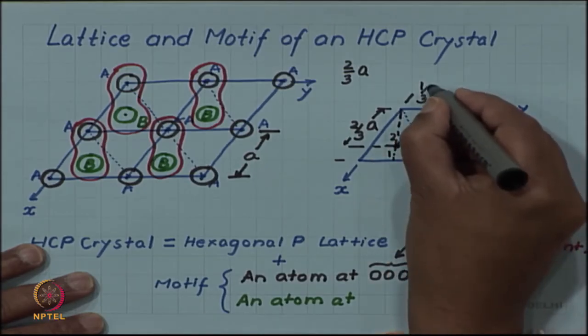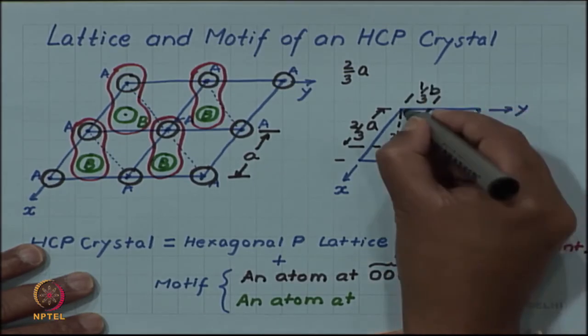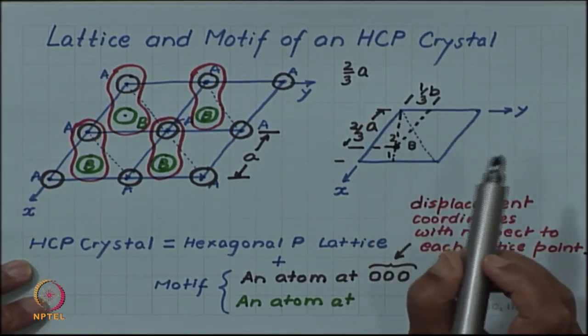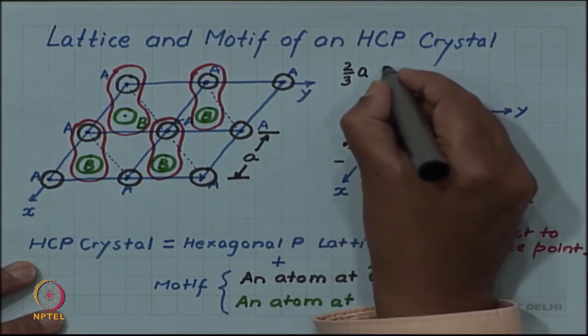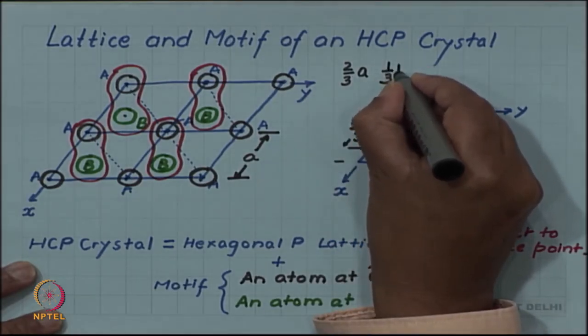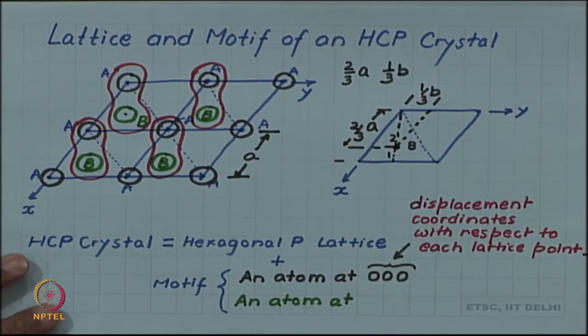I use the symbol B for the unit cell edge length along the y axis. So, this is 1/3 B. So, the second coordinate, the y coordinate of the atom is 1/3 B.